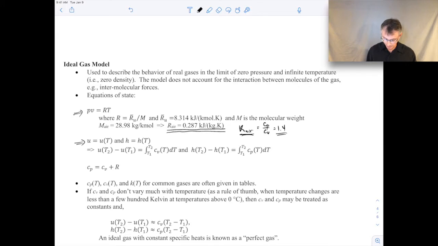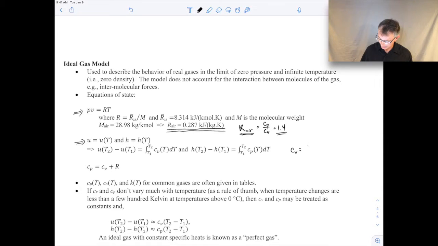Now, as far as this other equation of state where the specific internal energy and specific enthalpy are functions of temperature only, what that means is that going back to the definition of the specific heats, remember C sub V is du dT at constant volume, and C sub P is dh dT at constant pressure.